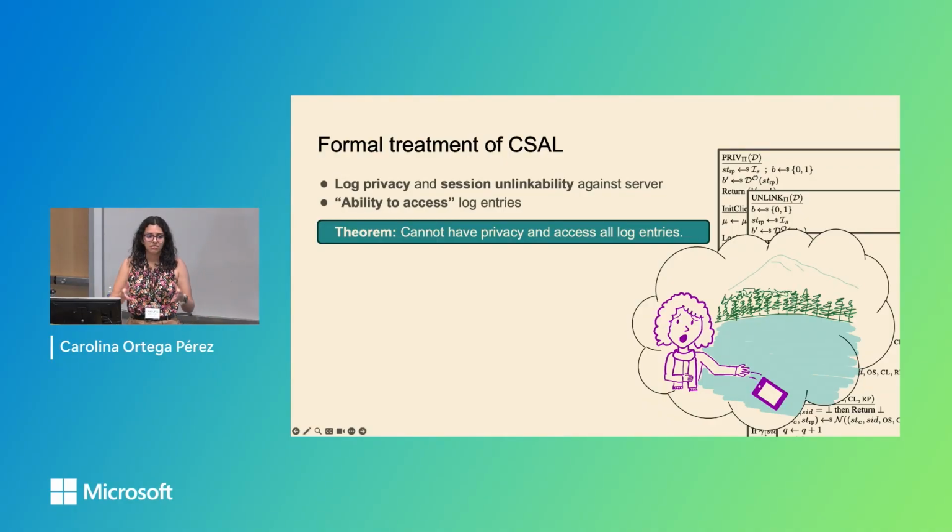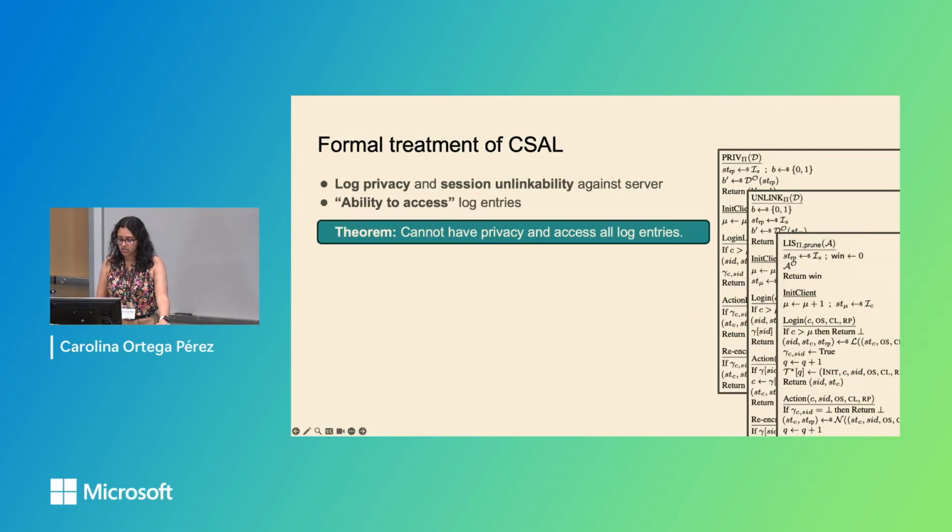Then you buy a new device, but you cannot decrypt the older entries because the keys that you need to decrypt the previous ciphertext are at the bottom of the lake. So that information is gone forever. There's the opposite: if nothing is encrypted, then you can recover everything, but then there is no privacy. So yes, privacy and full access to the log are not compatible.